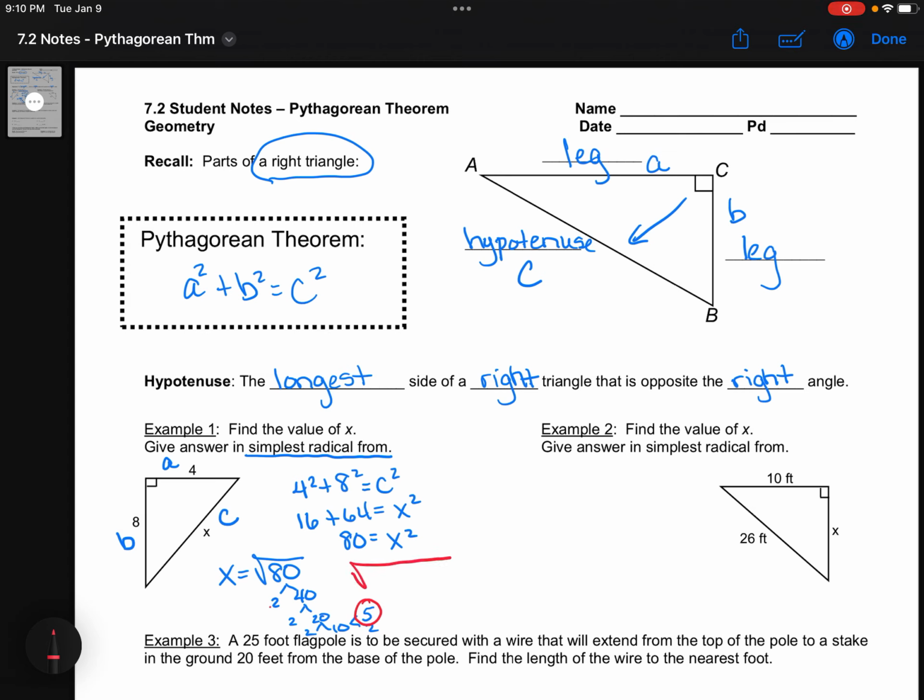I end up with 1, 2, 3, 4 2s and a 5. So every time I have a pair, one goes out, one gets crossed out. One goes out, one gets crossed out. And the 5 stays in there because it doesn't have a partner. So I end up with 2 times 2 square root of 5, which is 4 times the square root of 5 would be my answer.